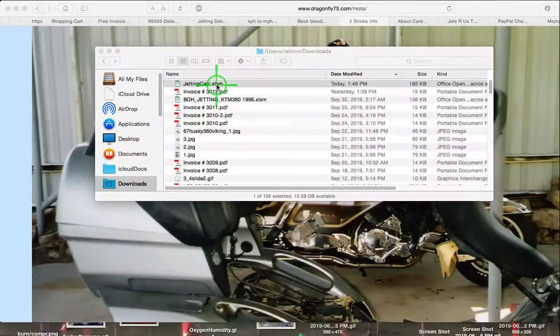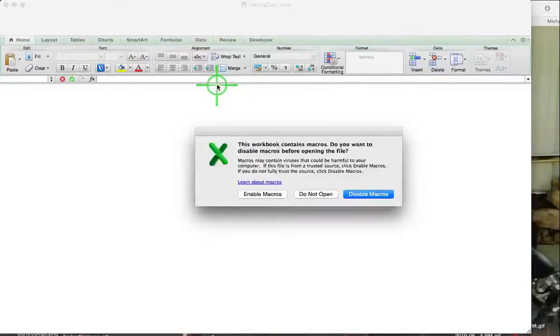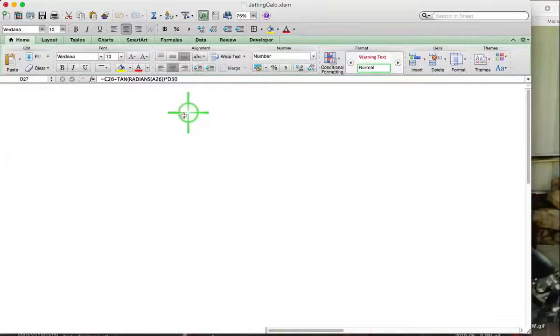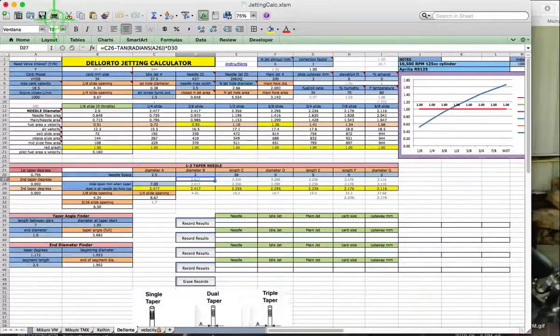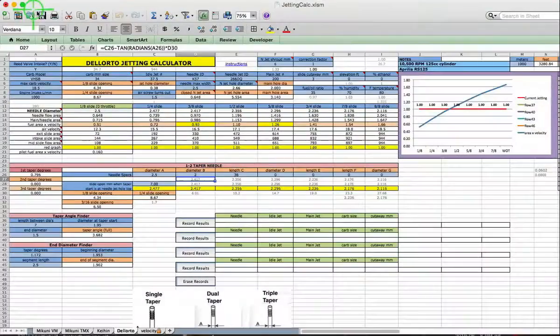Double click on it and it will open Excel for you with that spreadsheet ready to go. Okay, and then what is the spreadsheet?